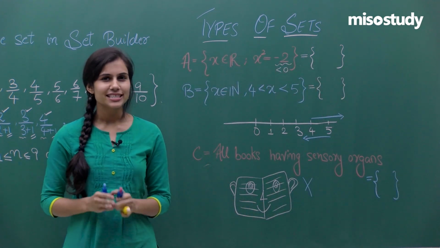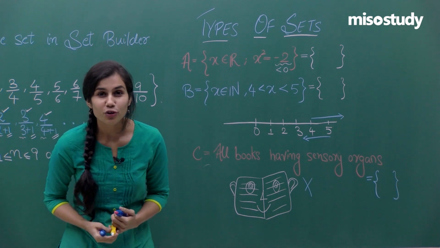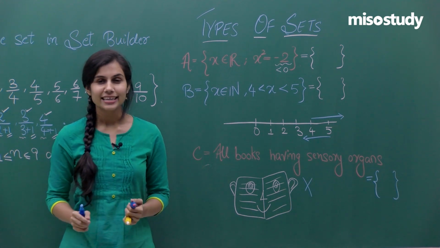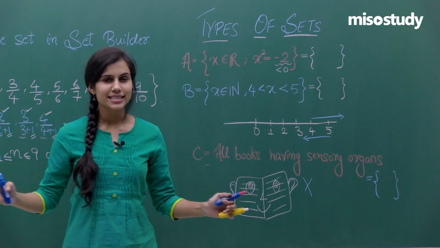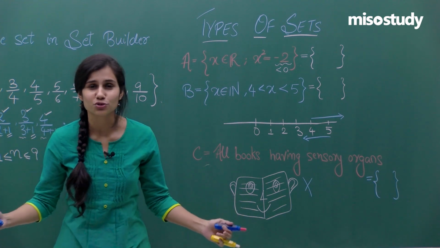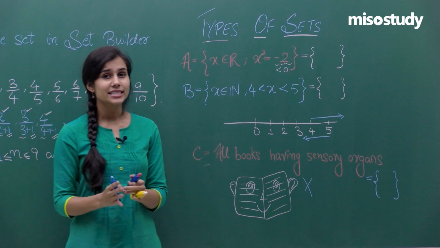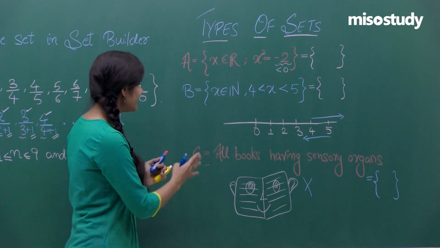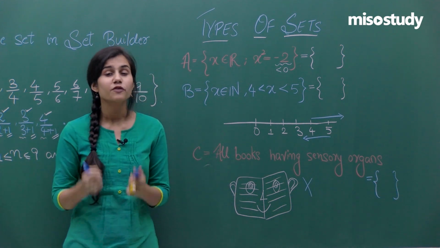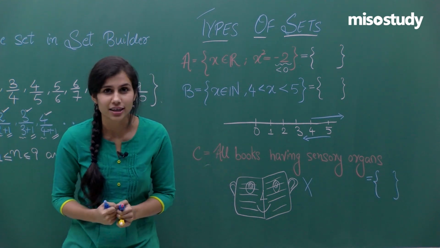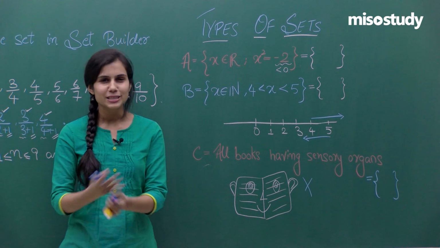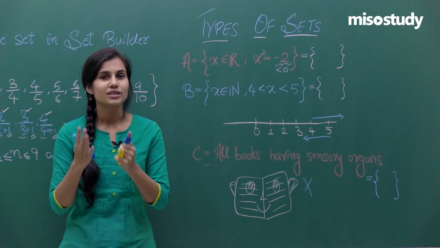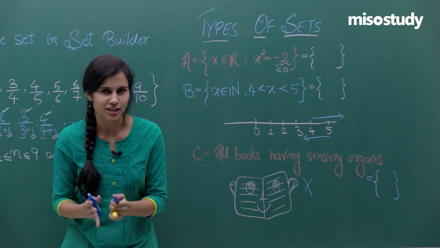This particular set C was actually presented before you to make you understand that you can play with empty sets to the extent you want to. You can create empty sets at the tip of your fingers, at the tip of your hat. And this is when you will actually get the feel of how empty sets work. You can play with them and spend a lot of time with them because they are very, very realistic concepts.